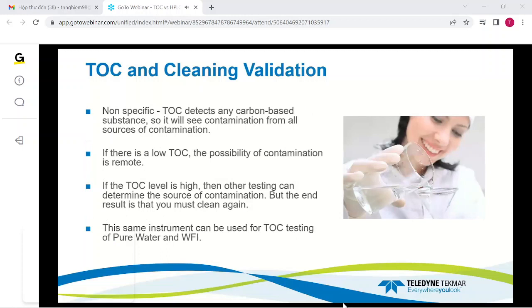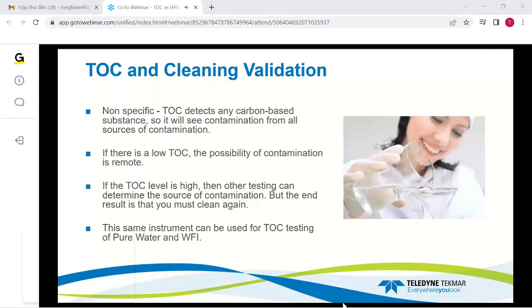As I spoke about before, TOC is non-specific, so it detects any carbon-based substance. If there's high TOC, the possibility of contamination is there. If it's low, possible contamination is remote. The same instrument can be used for your pure water.